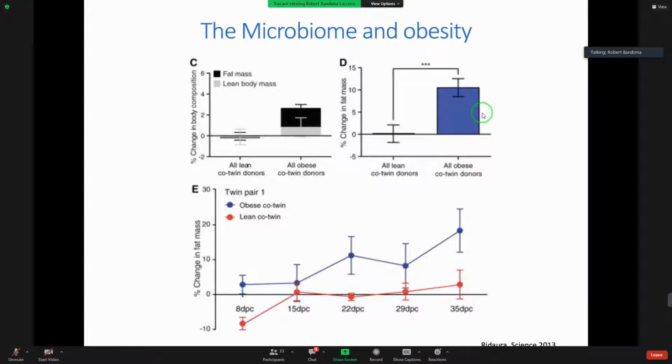You can see that here as well, compared to the lean twin stool transplanted mice. So again, clear evidence that there is a causal relationship, both that the microbiome can affect wasting, so impairment in growth, but also increased weight gain.